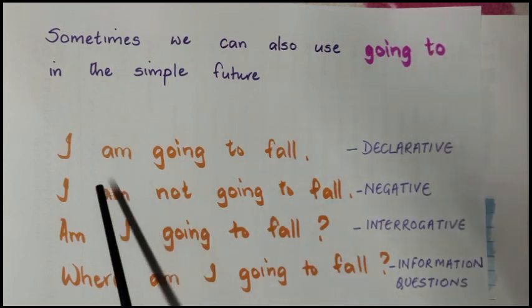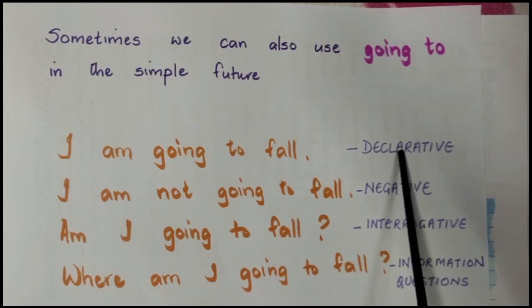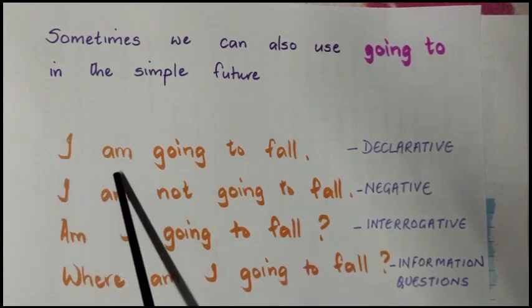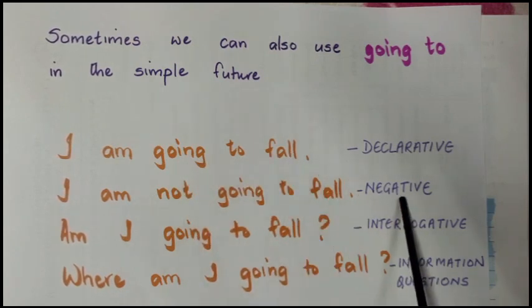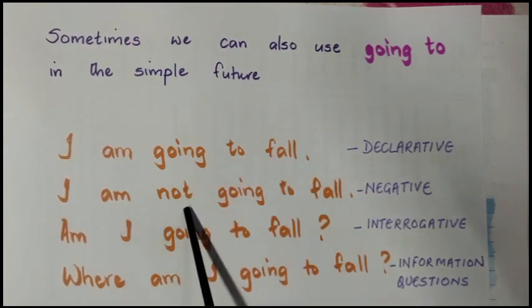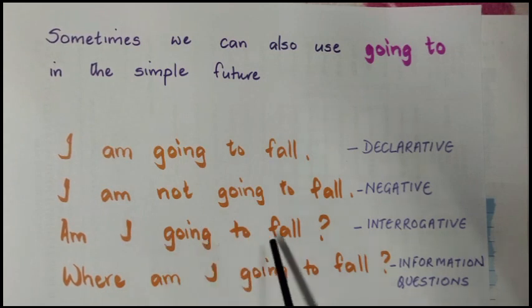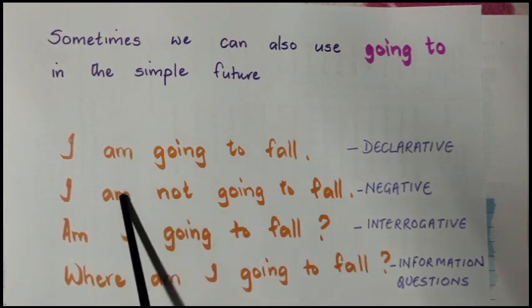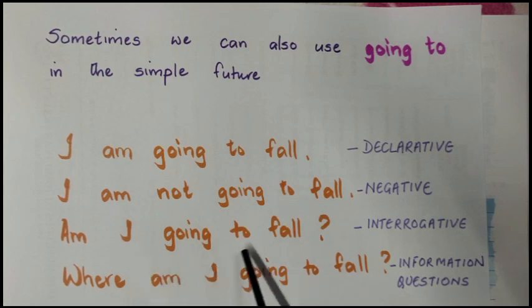So an example here, declarative or affirmative. I am going to fall. Negative, I am not going to fall. Interrogative, am I going to fall? We have used the word am, so you continue using the word am to make the interrogative form. Okay, am I going to fall?